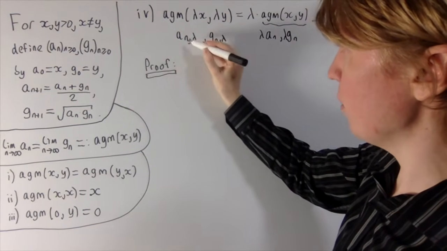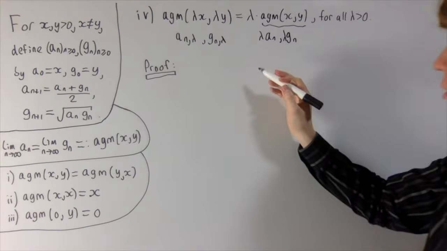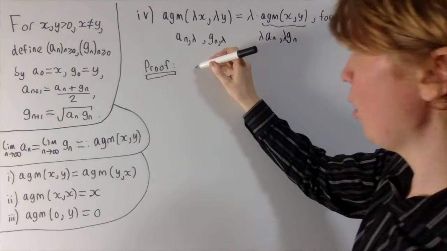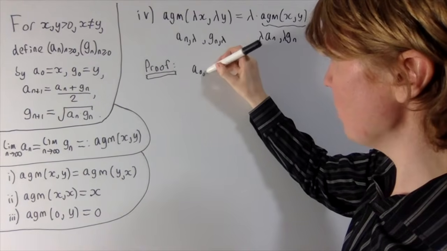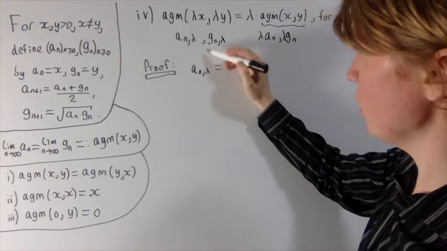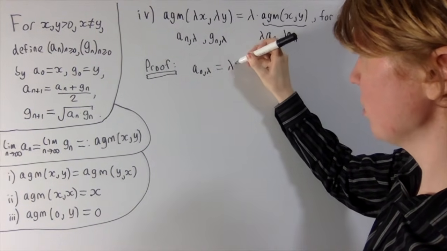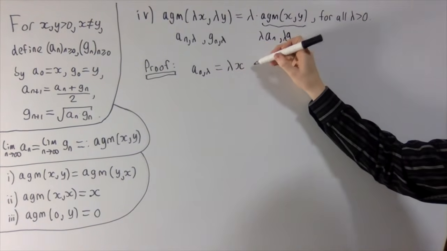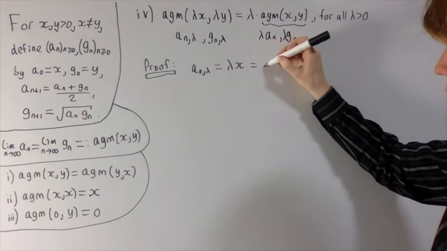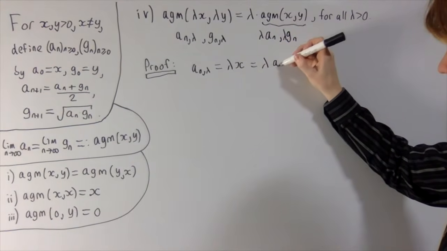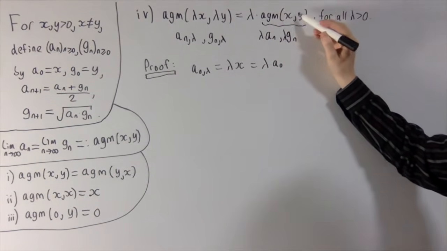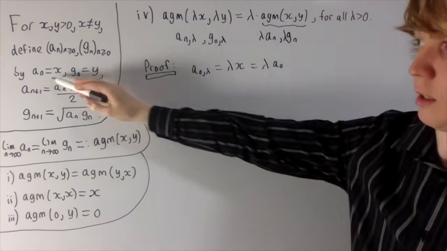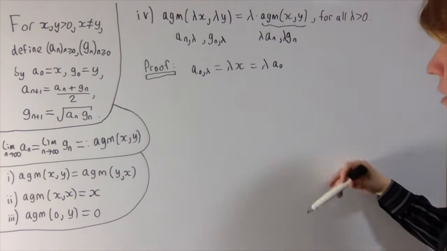So let's just start off with a_0(lambda), g_0(lambda), and show that these are equal to lambda a_0, lambda g_0. So a_0(lambda), this is the first term in this sequence, which is just lambda x. And then lambda x, well, this is just lambda times a_0, where the first term in this sequence, because we've got x there, our a_0 is just equal to x.